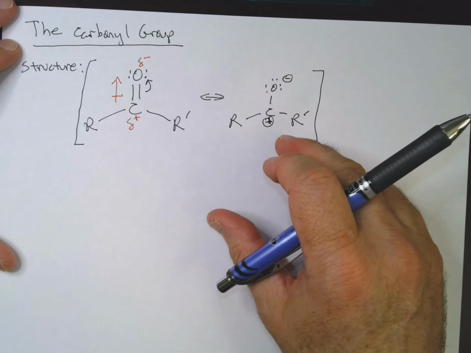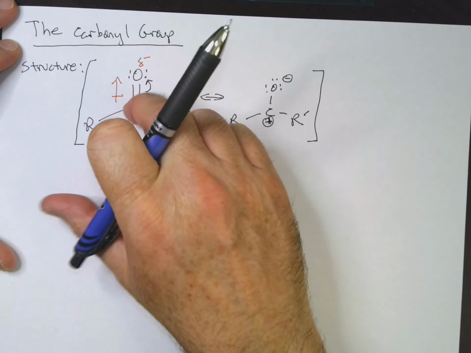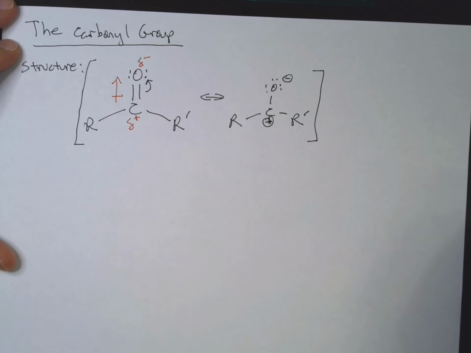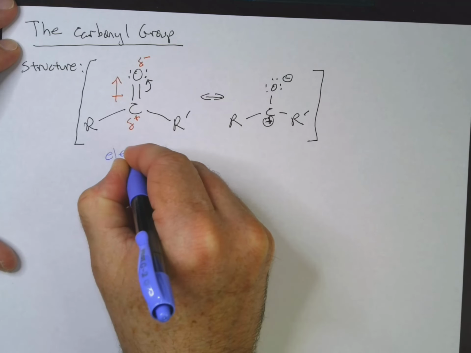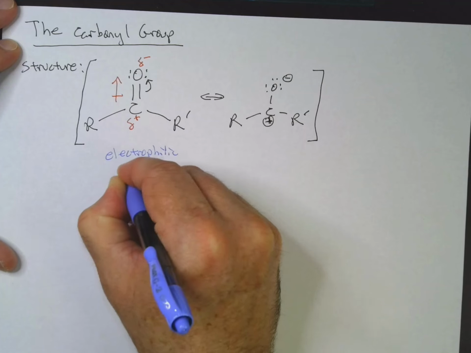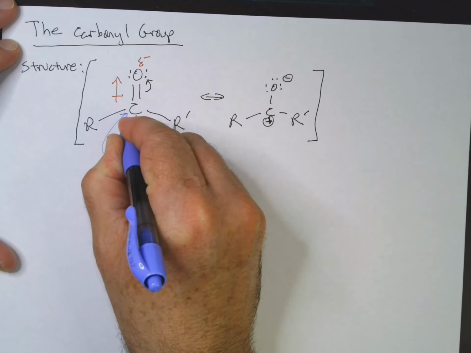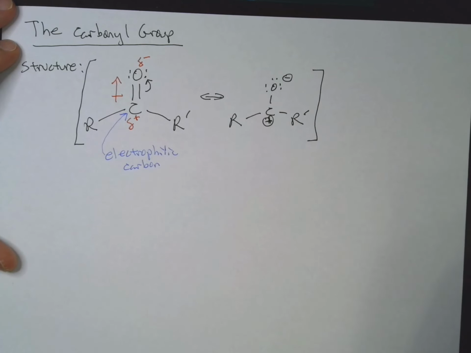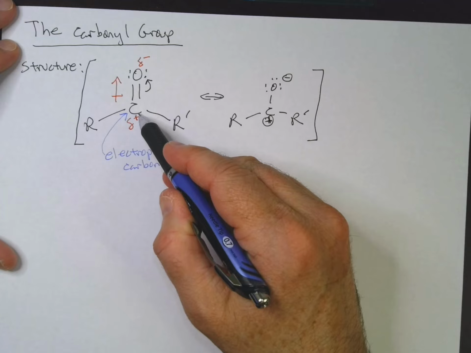But this structure gives us hints about the reactivity. This carbon is electrophilic. So that means that it could be a site for attack by a nucleophile.